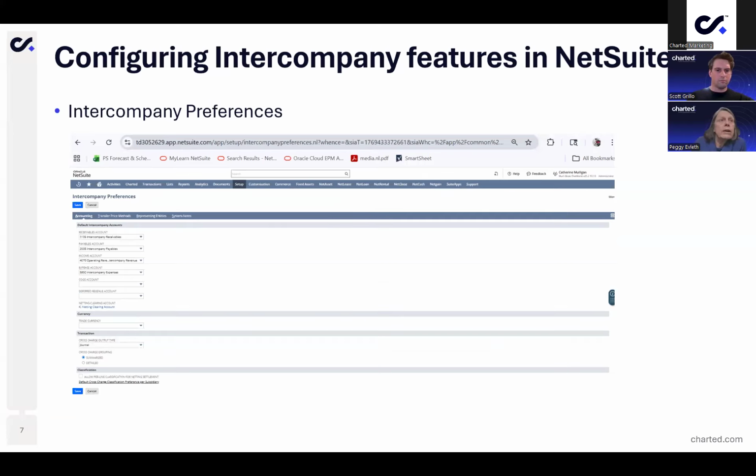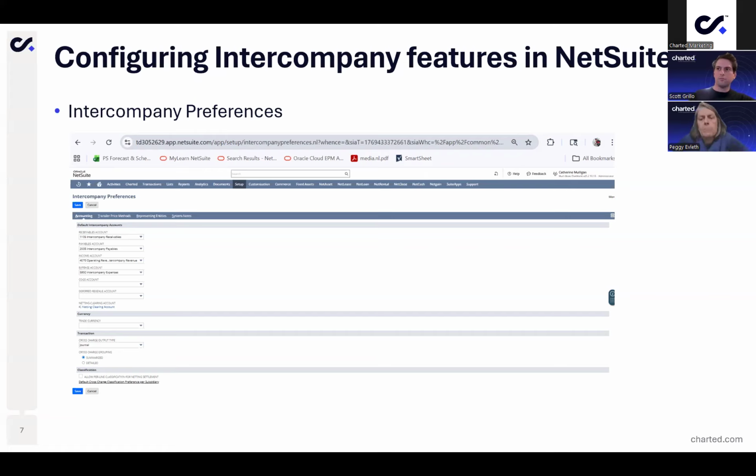The other thing that you have here are the intercompany preferences. So what this enables you to do, again, it's pretty small, but I'll go through it. These are the default accounts. So these are the default intercompany payable and intercompany receivable, intercompany income, intercompany expense accounts. So this enables you to set these up as defaults so that when you do transactions, let's say you do an advanced intercompany journal entry, you've got the ability to hit, I think it's called auto balance, but it automatically puts in the due to due from accounts for you.